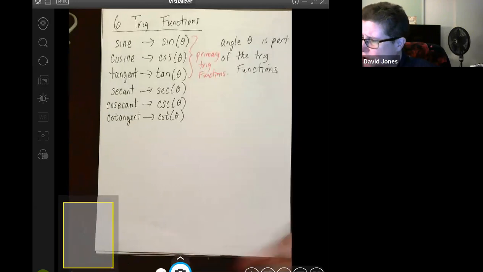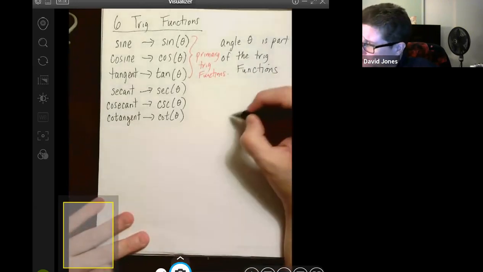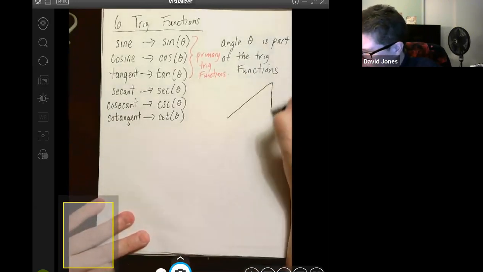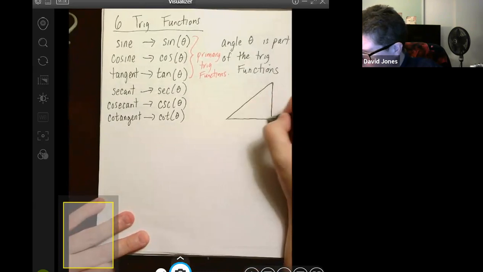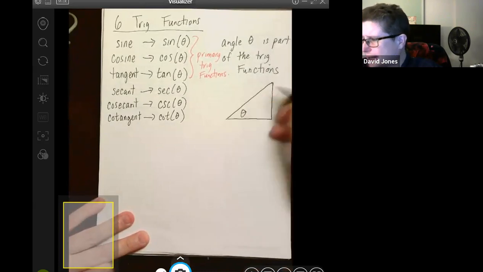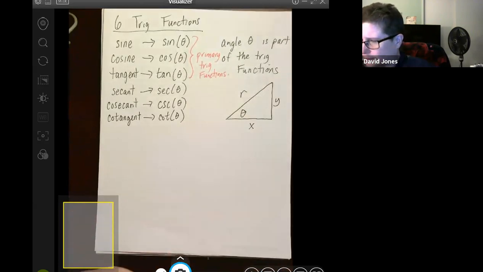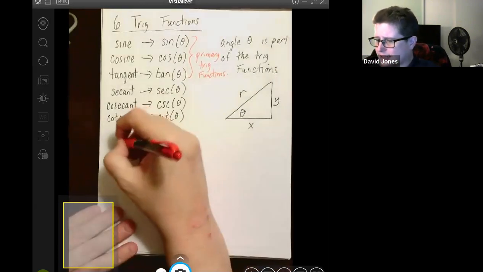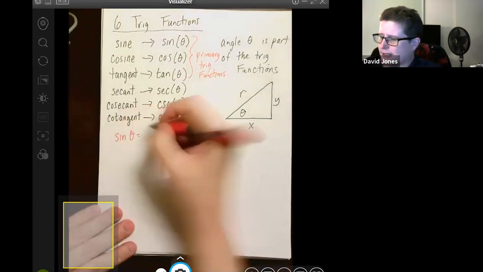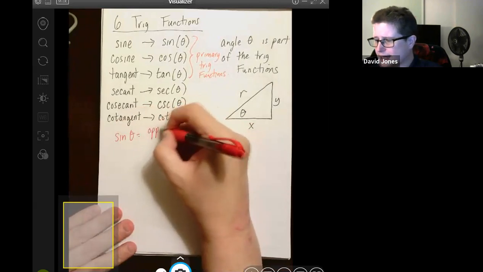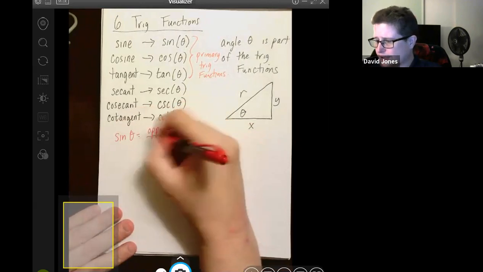So if we have a triangle with an angle theta, and this is X, Y, and R, sine of theta is the opposite side over the hypotenuse.